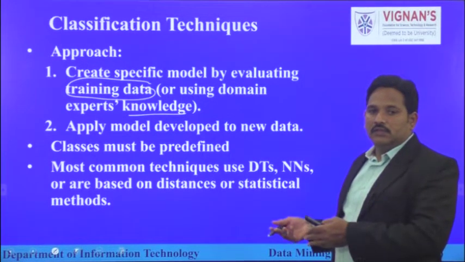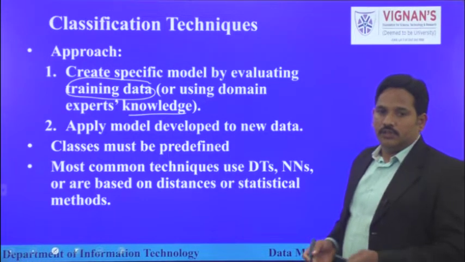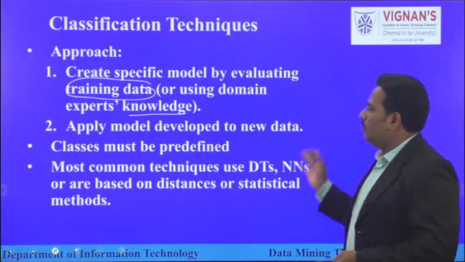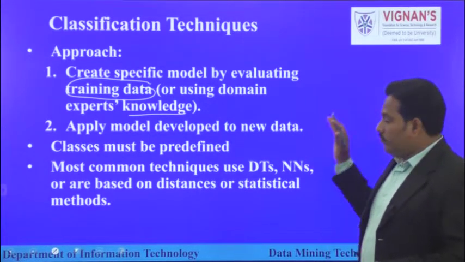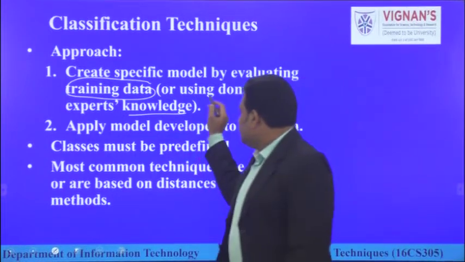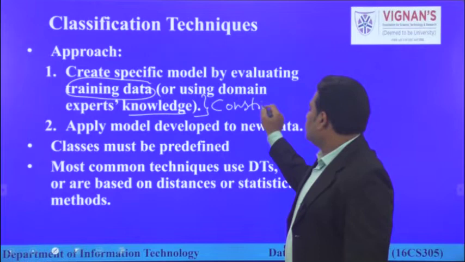We can't apply a retail market example in a share market because both are different. So when we apply classification, domain expert knowledge is mandatory. From that we have to take the training data and apply it. So this is used in the construction phase, model construction.